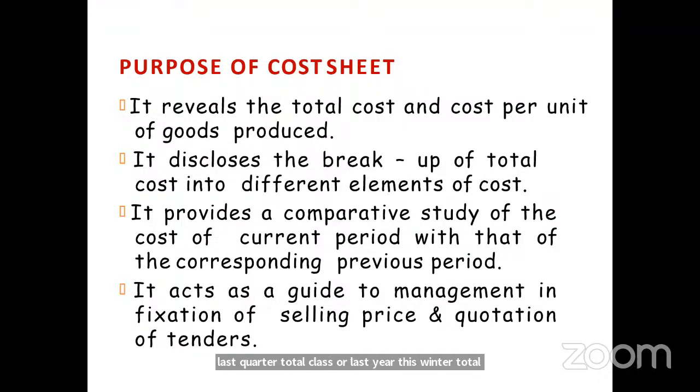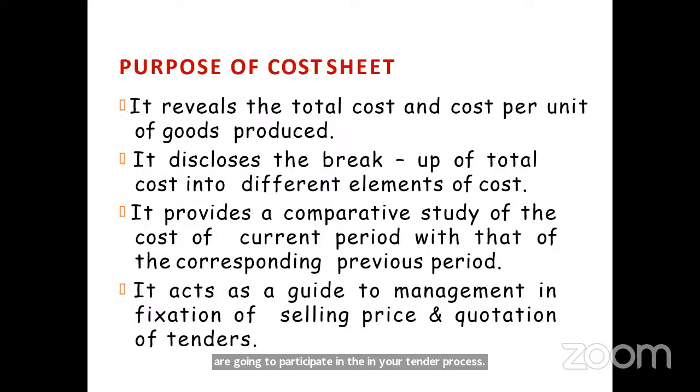The cost sheet acts as a guide to management in fixation of selling price and quotation of tenders. Many tenders are also there. Let's say one organization is inviting bids for 10,000 ballpoint pens, and you are one of the manufacturers of ballpoint pens. Whenever you participate in the tender process, how will you fix your quotation?